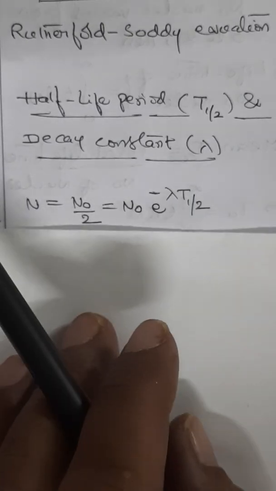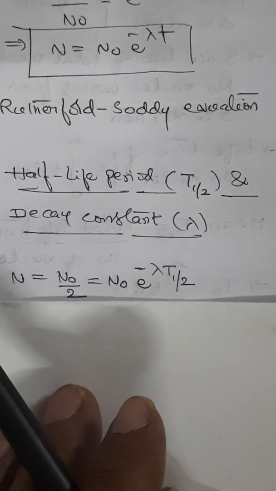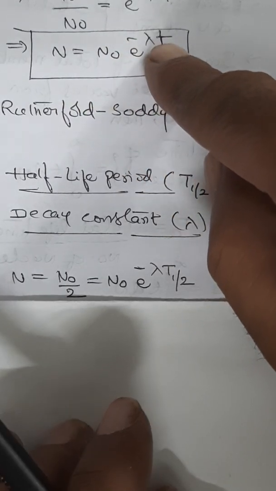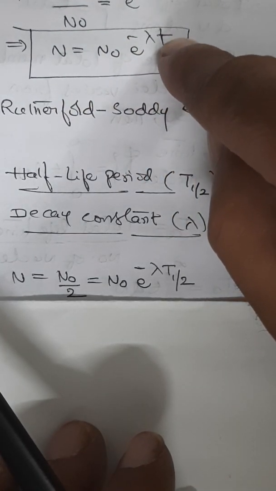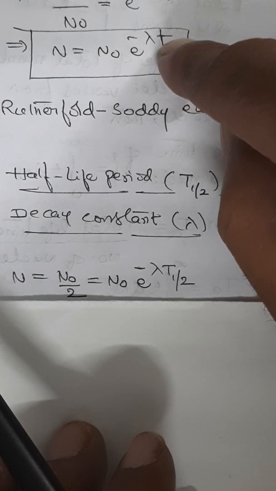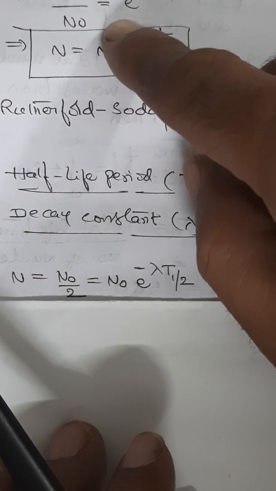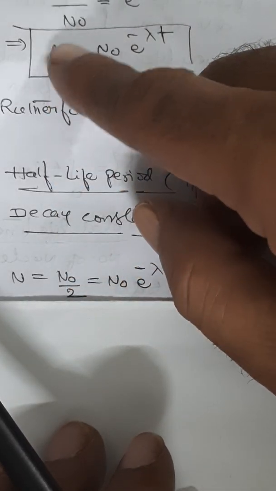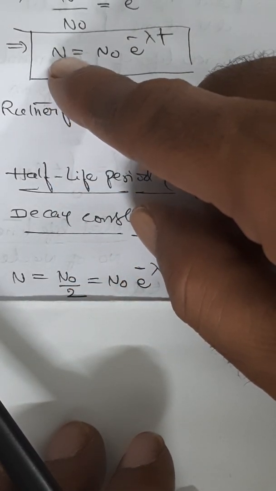Got it? Earlier, we saw the Rutherford-Soddy equation where n is equal to n naught into e power minus lambda t. Here now t is becoming t half. That means the number of nuclei will become half. Therefore, n naught will become n naught by 2. So, the remaining number of nuclei left over is nothing but n.